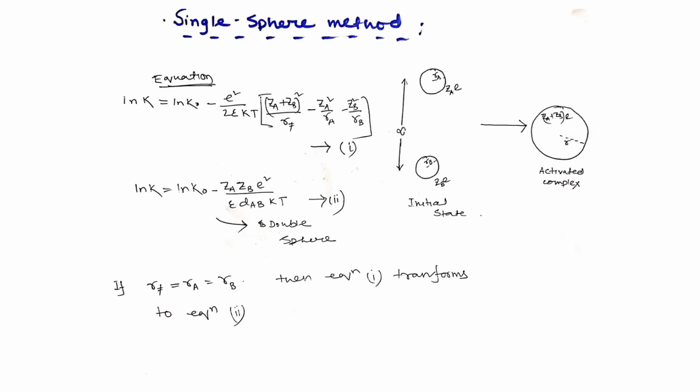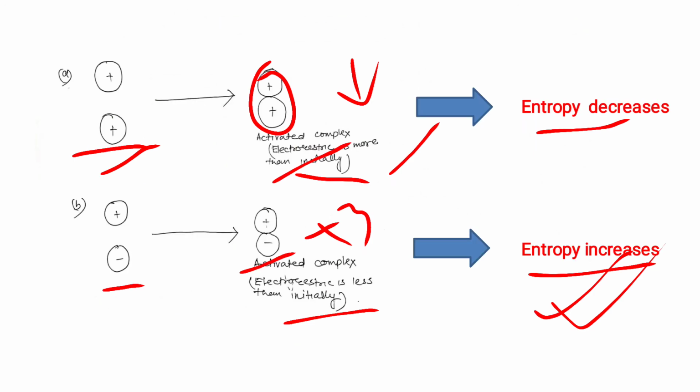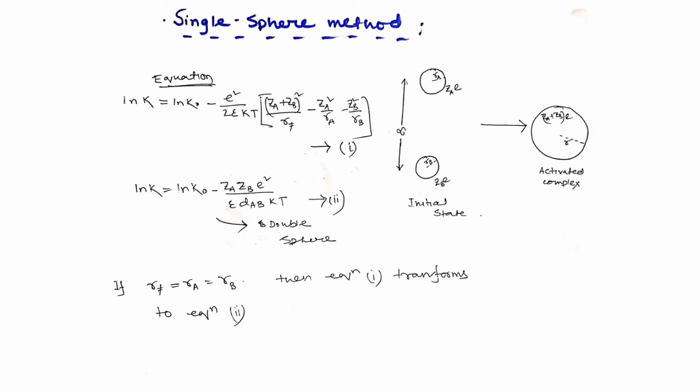Okay, next, earlier was the double sphere, and another model is there, that is called the single sphere. In this case two ions approach each other, and after approaching they make one single sphere, this kind of picture, right?